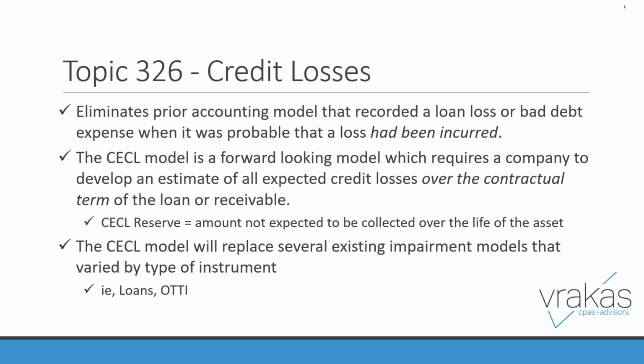At the same time, it will replace several existing models. So right now, there are a couple different models for impairments or for losses. For loans, a bank has a loan portfolio that has a whole separate standard on how to account for that. For investments, there's this whole separate standard, OTTI, other than temporary impairment. This new model will replace many of those old models, so there's really only one model, regardless of the type of asset.